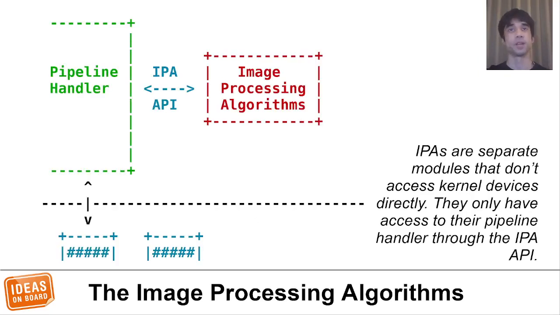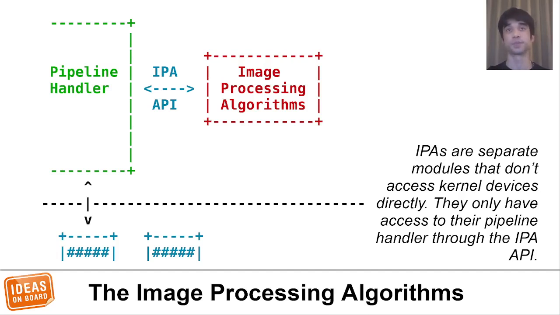These IPA modules do not have direct access to kernel devices. They can only communicate with the rest of the system via the pipeline handler. They receive statistics from the pipeline handler and send computed parameters back, which the pipeline handler applies to the devices. This means that closed source IPAs cannot cheat and use undocumented device interfaces.